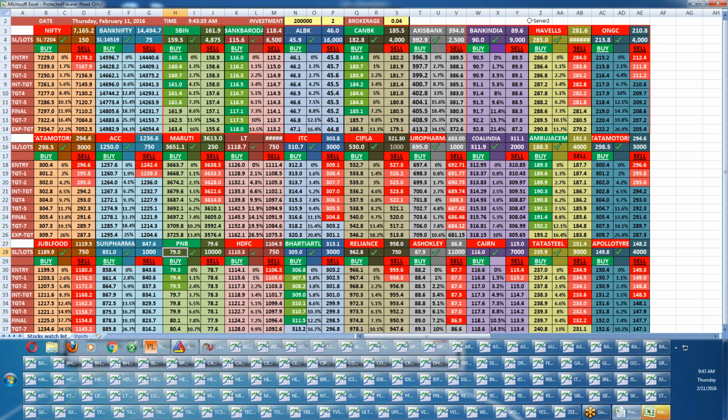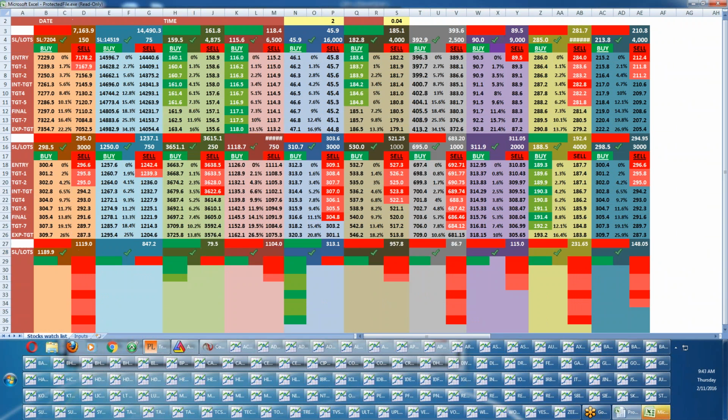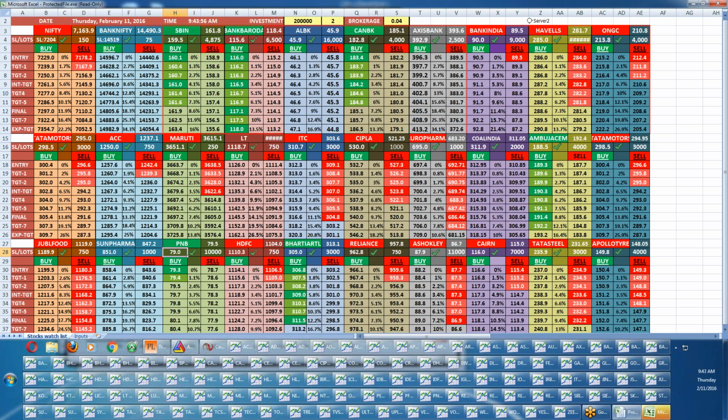So Nifty is down 50 points. So I think it's high time you close all these buy calls, and you can just carry on with your short trades. So Bank of India, we have a sell.